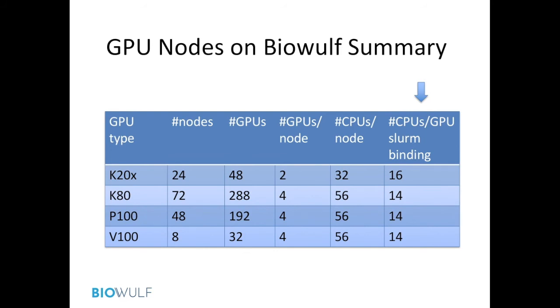Similarly, it binds a number of CPUs to a specific GPU. So one thing to be careful about is to not try to allocate more CPUs per GPU than is possible for a given node configuration. For instance, specifying CPUs per task equals 16 while requesting a single K80 GPU. On those nodes, each GPU can be allocated a maximum of 14 CPUs.